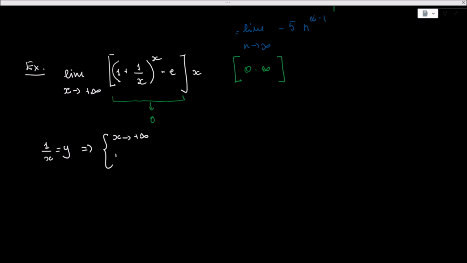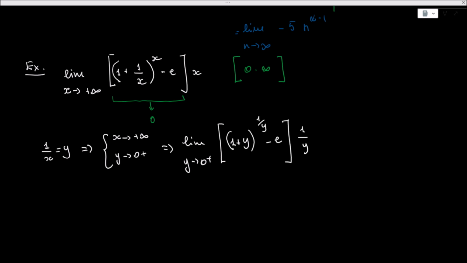Then we have the limit as y goes to 0 plus of 1 plus y, all this raised to the x, which is 1 over y, minus e, and all this is multiplied by 1 over y, which can be rewritten as the limit as y goes to 0 plus of 1 plus y to the 1 over y minus e, all divided by y.